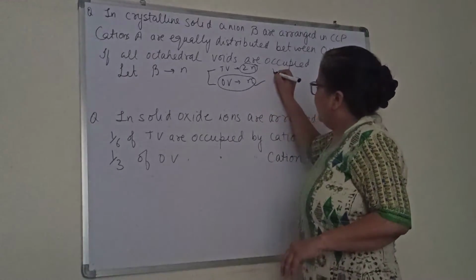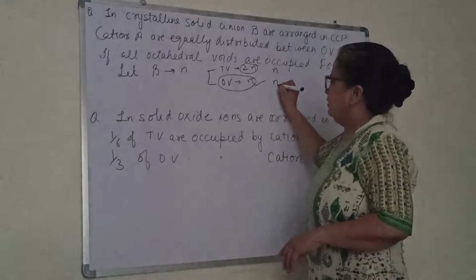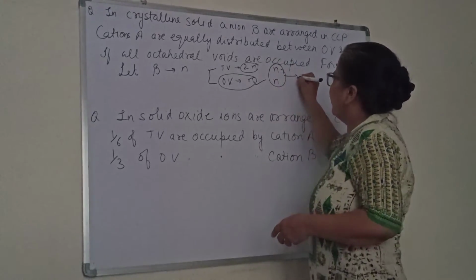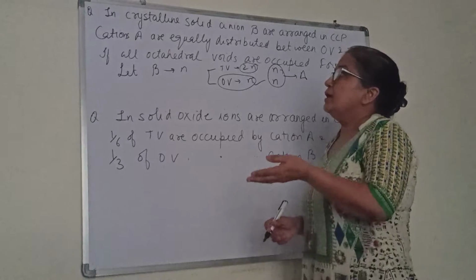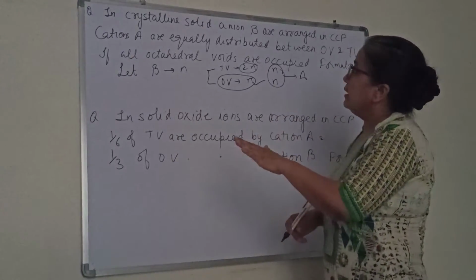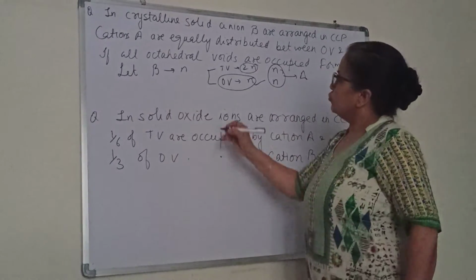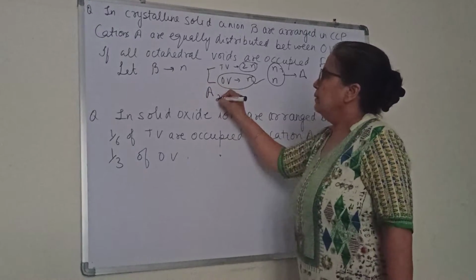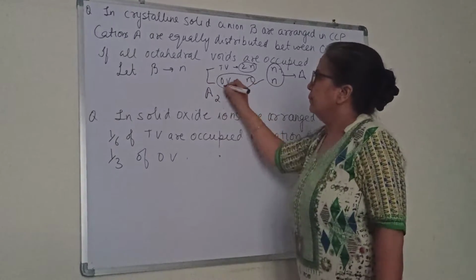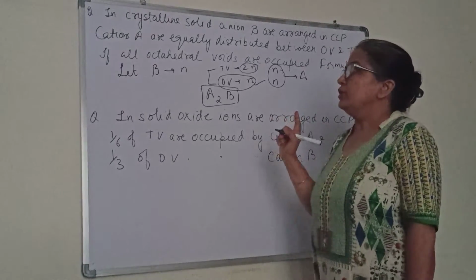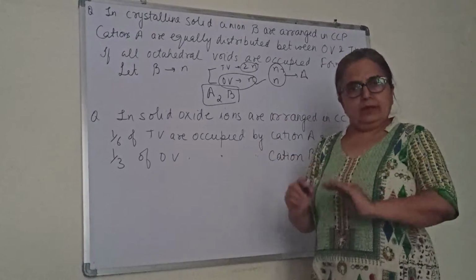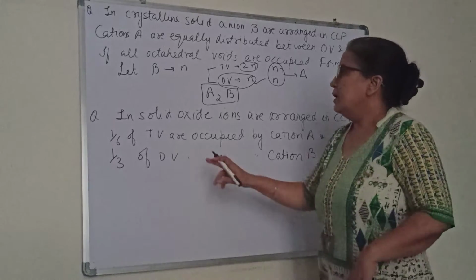So this n tetrahedral, this n octahedral are occupied by atom A. So the atom A, that is a cation, is more in number. So what will be the formula for this now? A2B. Clear? Just please go through it. If any doubts are there, you can put them in the comment section.